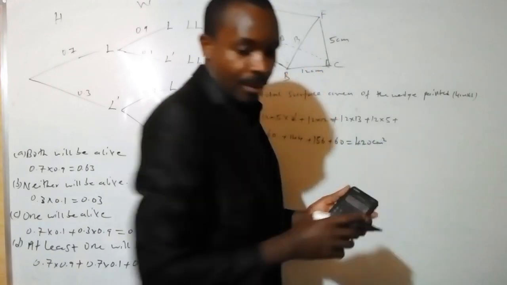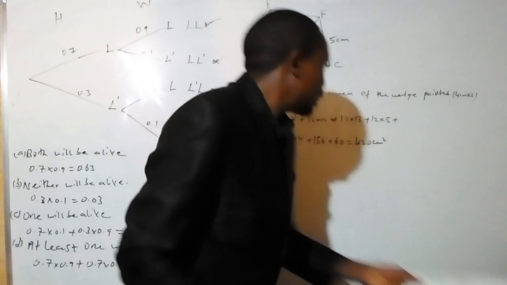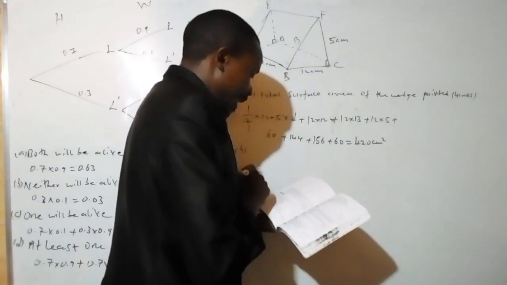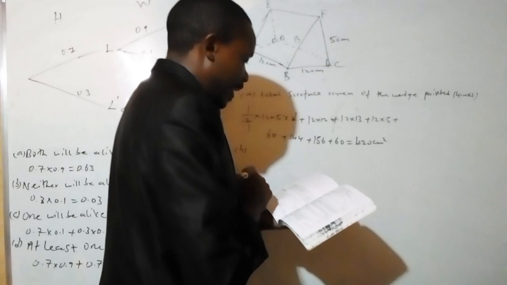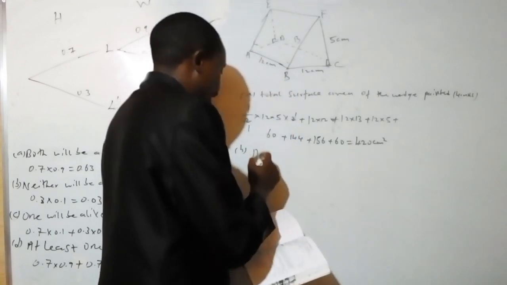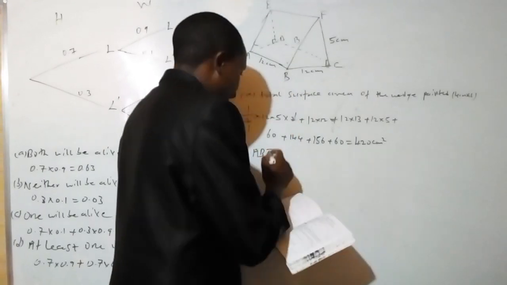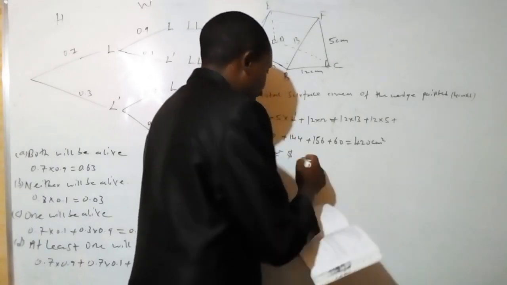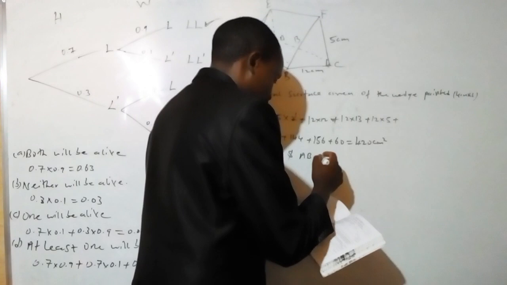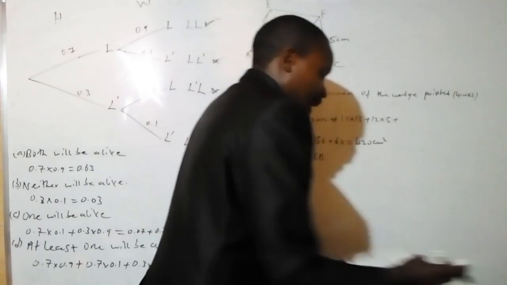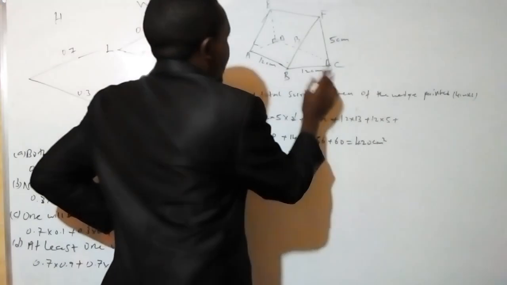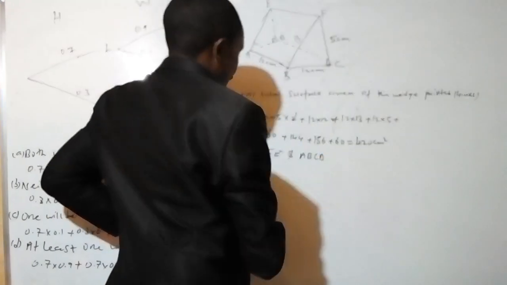That's the total answer. B, the angle made by the sloping plane ABFE and the horizontal plane ABCD. Where is the horizontal? Horizontal is ABCD, and ABF.